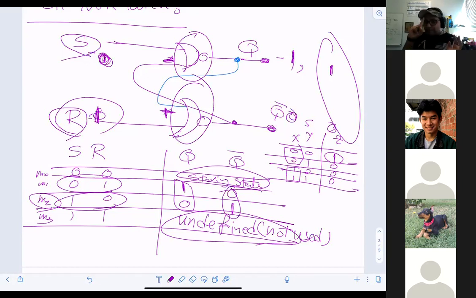Then after 2 seconds, I decided to change my S and R to be 0 and 0. What will happen? From that moment to infinity, the output will be 1 and 0. So I locked it. When you lock something, you store it. When you are, for instance, in the lecture and you learn 1 + 1 is equal to 2, you locked it in your brain. Since that day till now, you know 1 + 1 is equal to 2. Make sense?